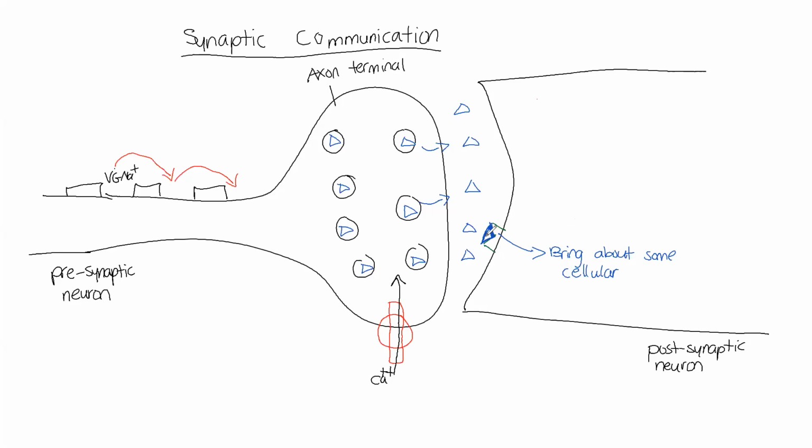But the binding of the neurotransmitter to this receptor is what brings about our cellular response. And this type of response can be one of two things. It can be a fast response, or it can be a slow response. And I'll talk about what that means a little bit later on. So this can be a fast response or a slow response.